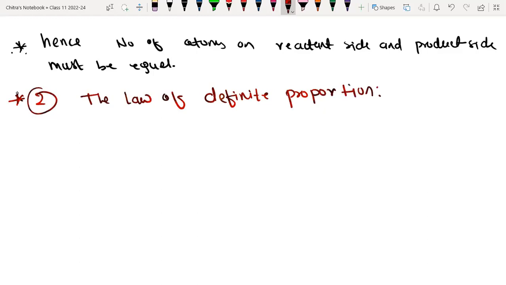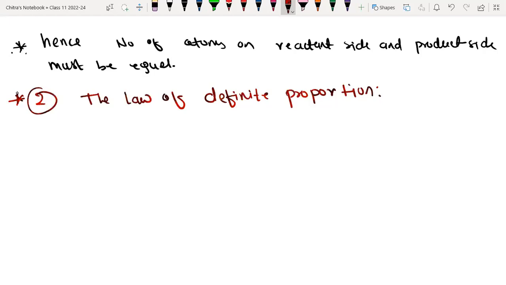Okay, the definite proportion is nothing but, suppose we are going to collect different samples of water.